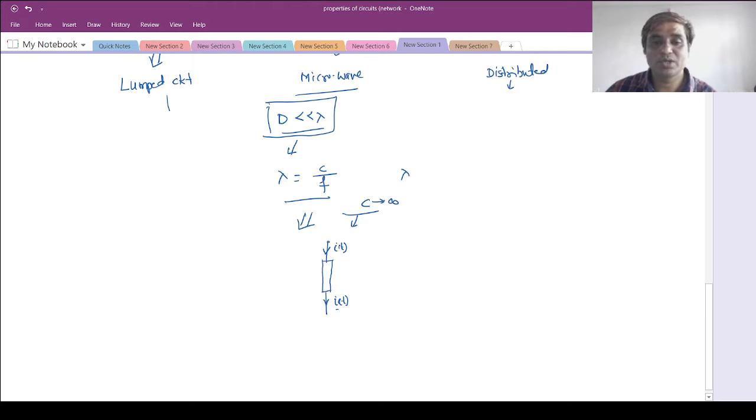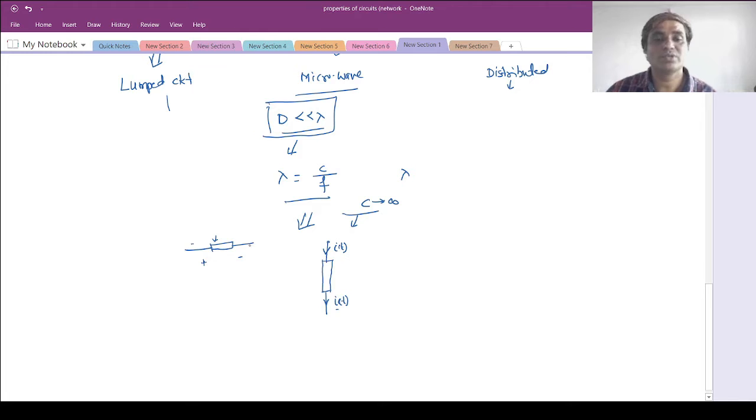Current will come out at the same time, whereas this will not be true in the case of microwave or an antenna, where there will definitely be some propagation delay. That is why, when we apply an input to some terminal of this element, immediately I will get the output across that terminal, whether it is a voltage or a current.